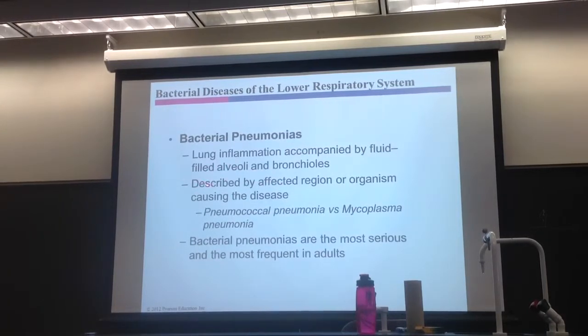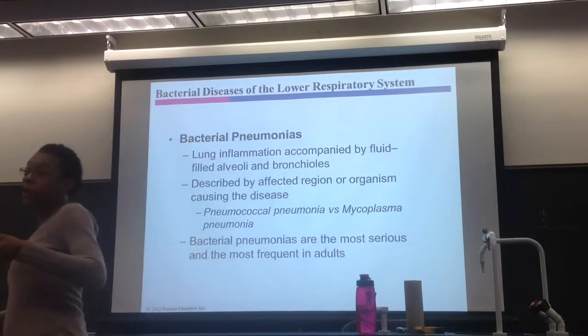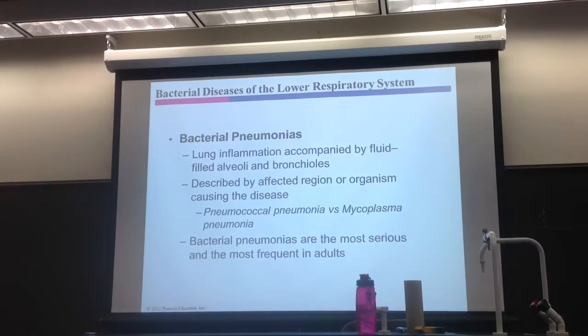You can basically name your pneumonia based on the region or the organism that causes it. So, for example, I've got pneumococcal pneumonia versus mycoplasma pneumonia. So you're naming the pneumonia based on what? The bacterium that is causing it, okay? You can name them like nosocomial pneumonias, meaning you got it where?